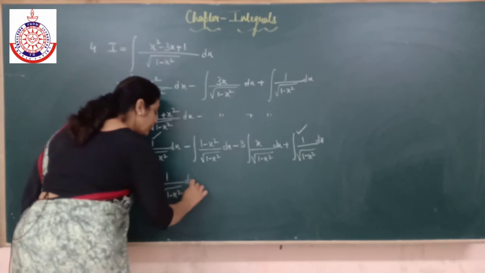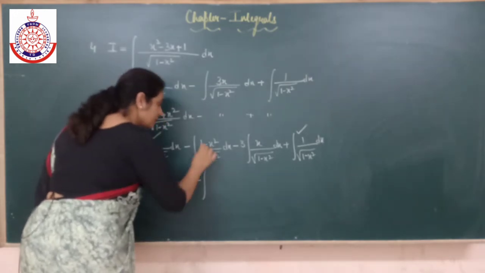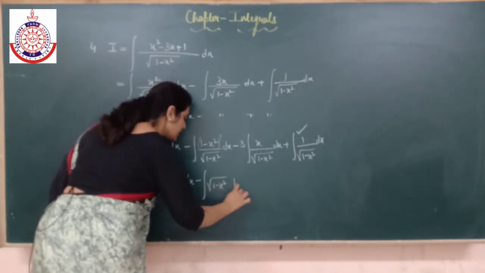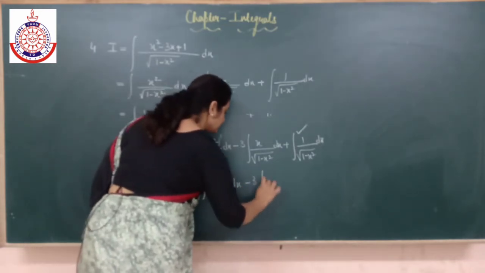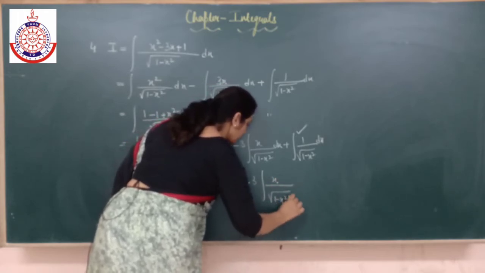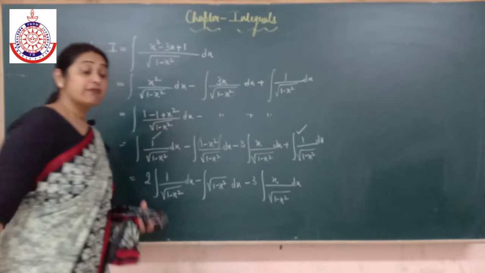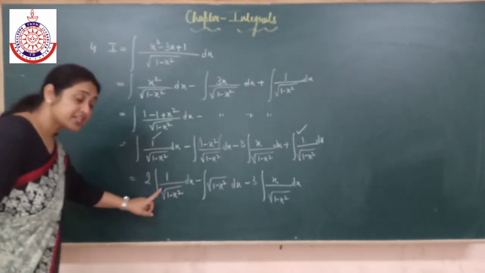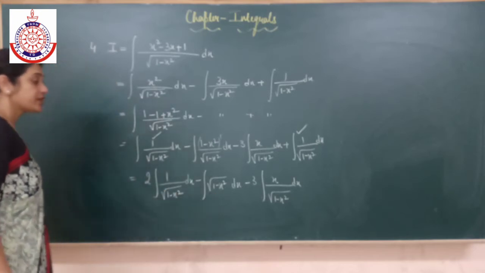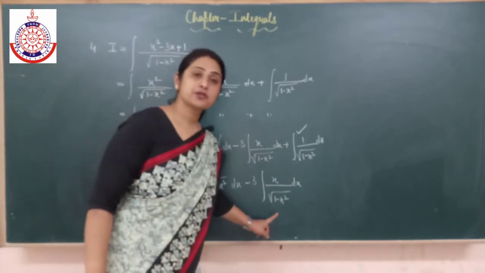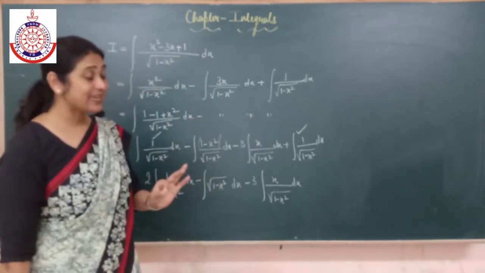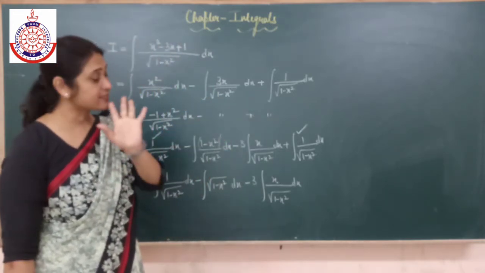Clear? The power is 1 here, the power is half here, so I am left with this. Fine. I know the integration of 1 upon under root a square minus x square. We have done right now integration of under root a square minus x square. This is left. You have a linear upon quadratic in under root. You don't have to go for that rule. Think about the easiest one, that is the substitution method.